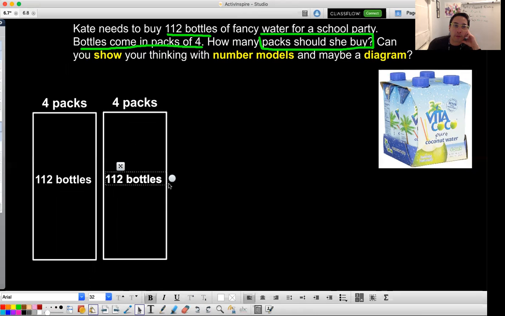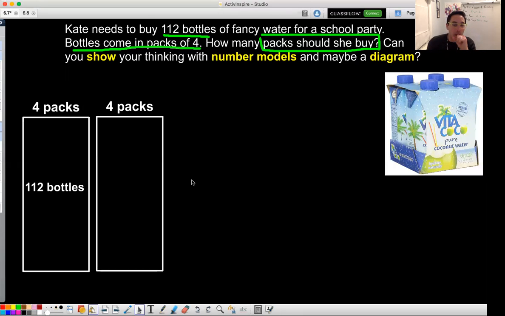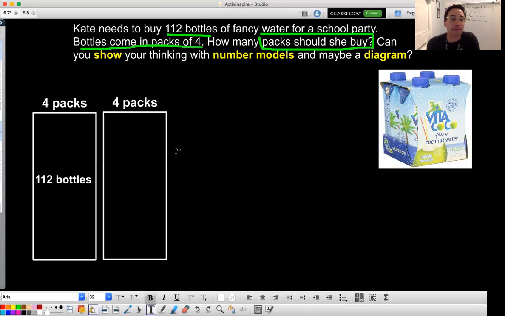But since we're going to do partial quotients, I'm going to leave this open for right now. So we need to find a way to get close to 112 bottles and just start packaging them up, or just like start running them across the checkout in the self-checkout aisle.